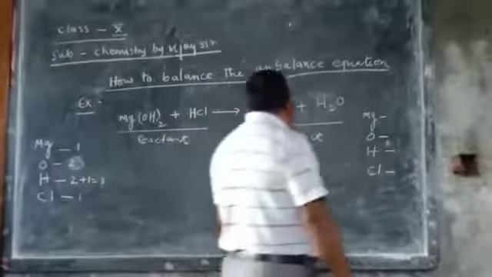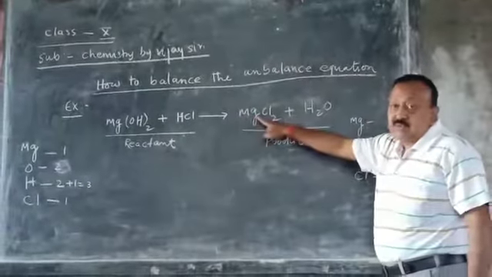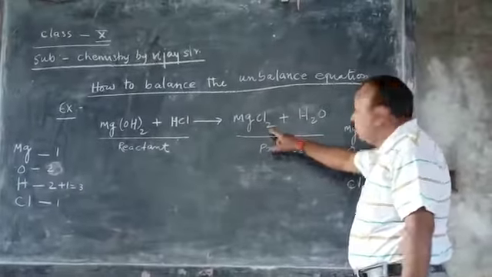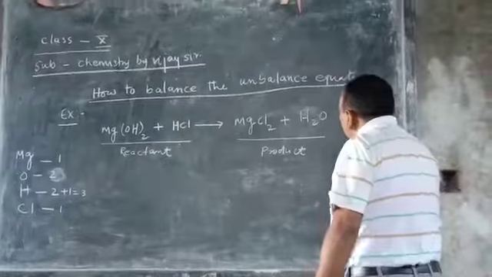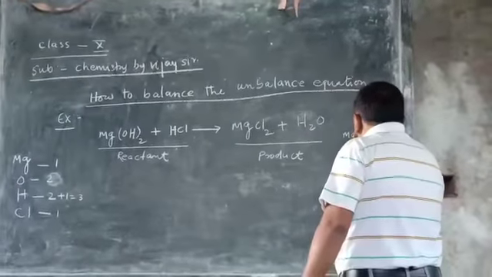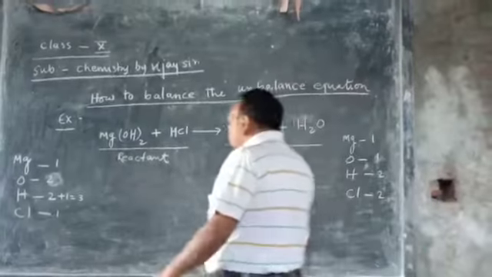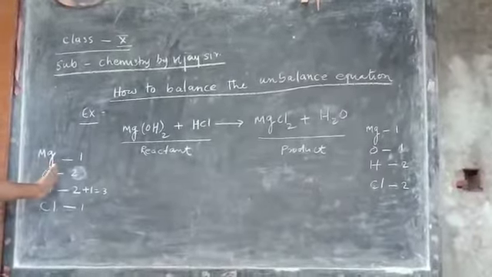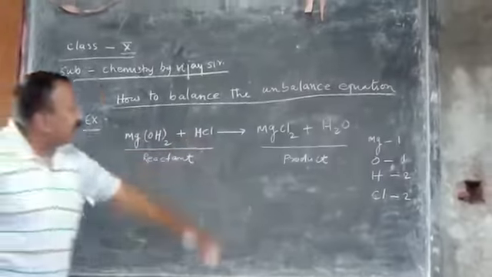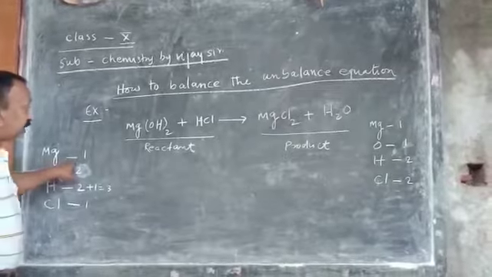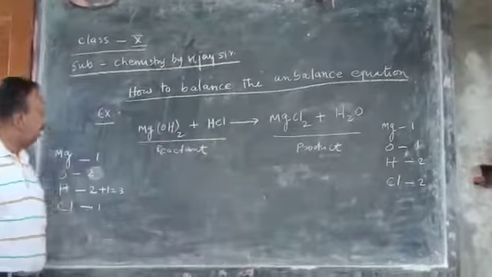In the product, magnesium is only 1, but chlorine is 2, hydrogen is 2, and oxygen is 1. See the number of atoms of the reactant and the number of atoms in the product. Magnesium is 1, equal.